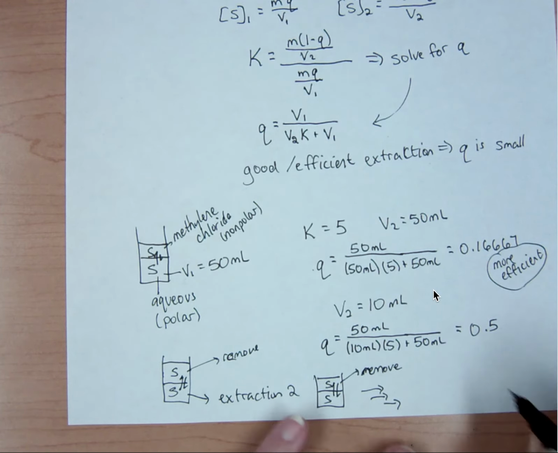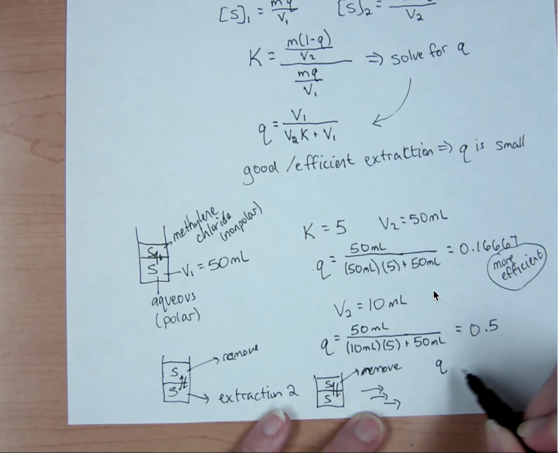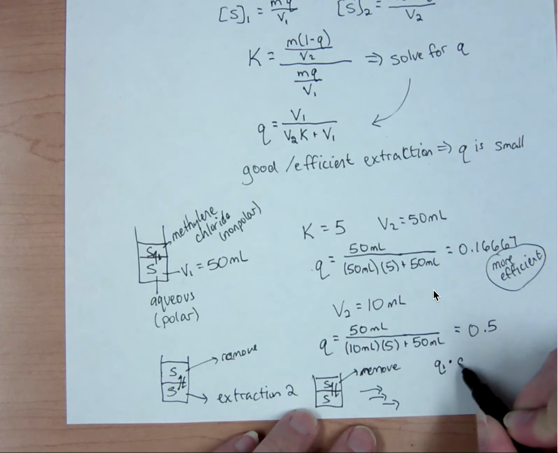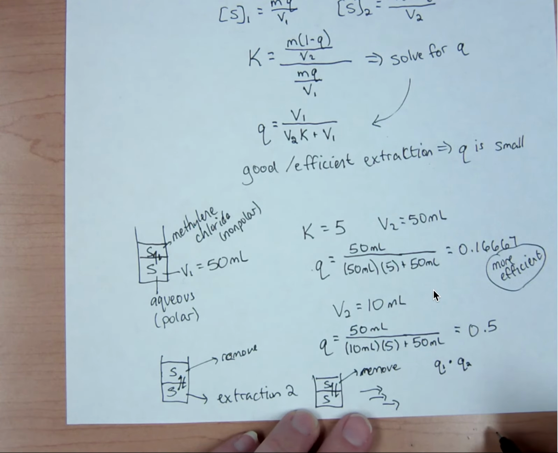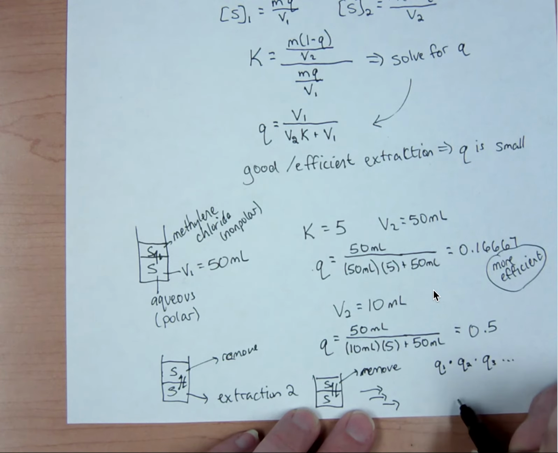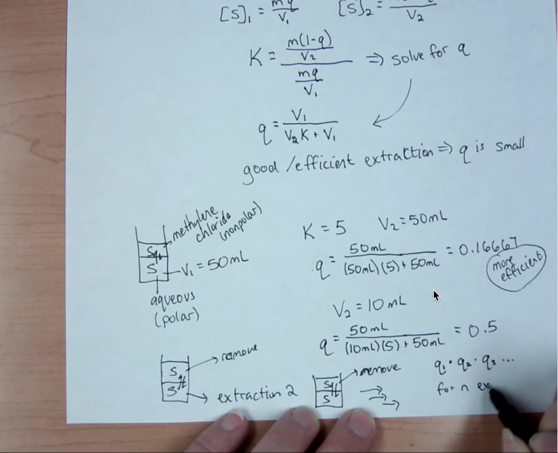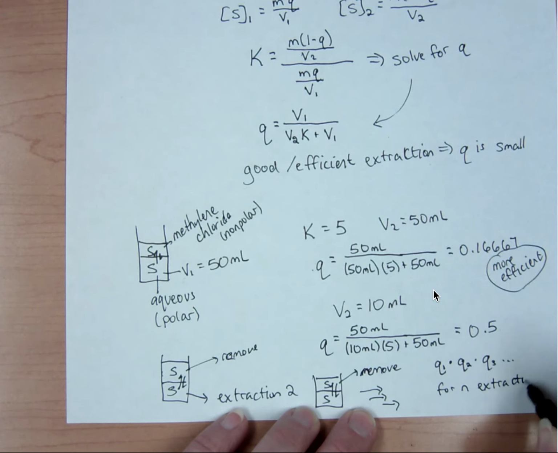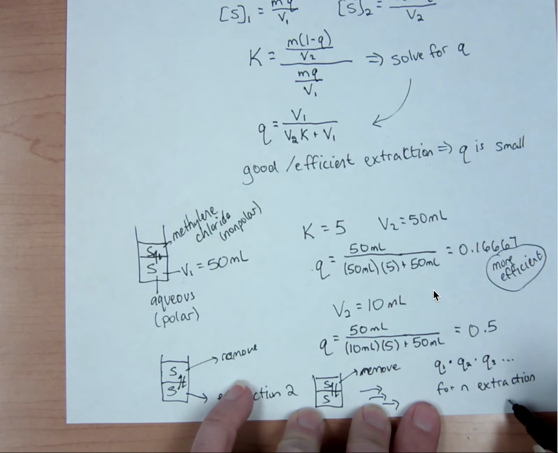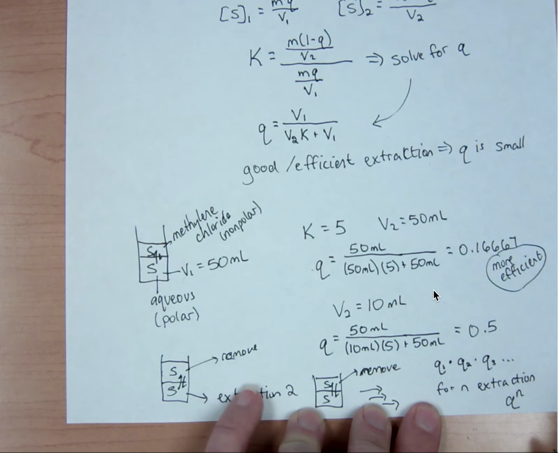Well, the efficiency Q for extraction 1 is multiplied by the extraction efficiency for extraction 2, times that for 3, so on and so forth, such that for n extractions, our overall efficiency is Q to the N.